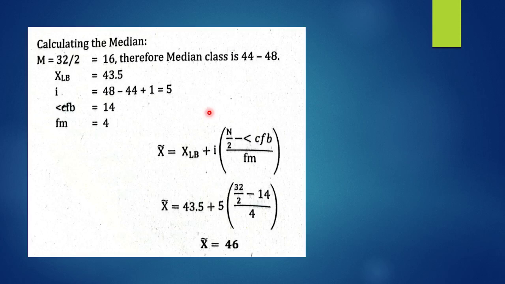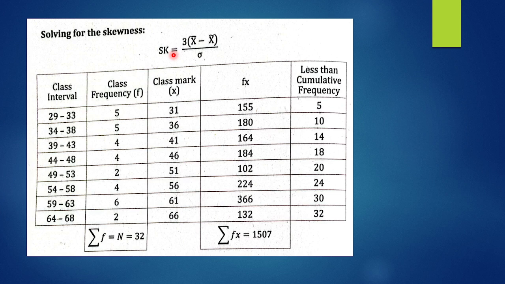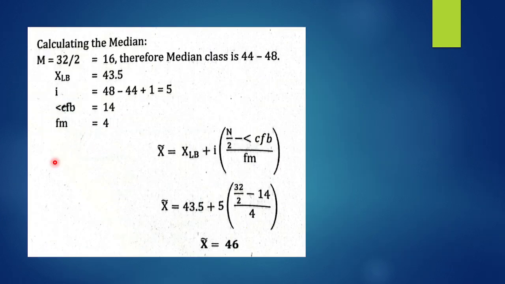Calculating the median first, same scenario, m equals 32 over 2 in order for us to get the median class. 16 is the median class position. Therefore, the median class is 44 to 48. Let's check: 16, so it's not yet at 14, so it is this one.